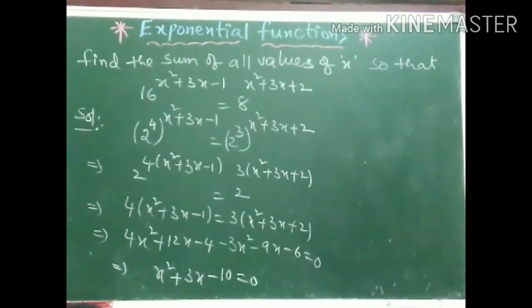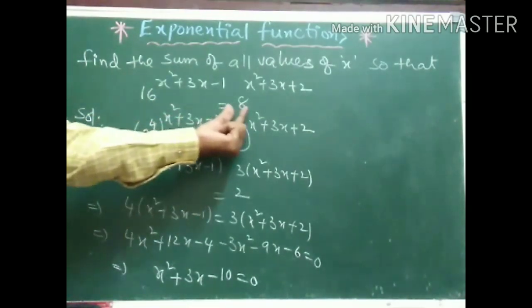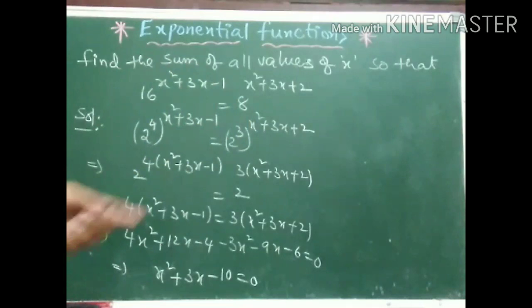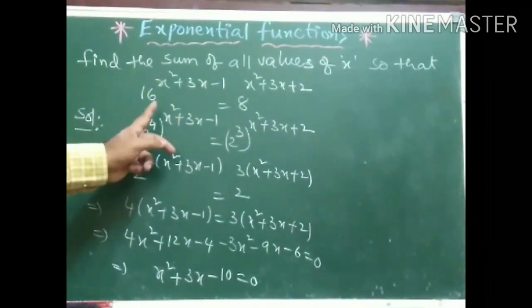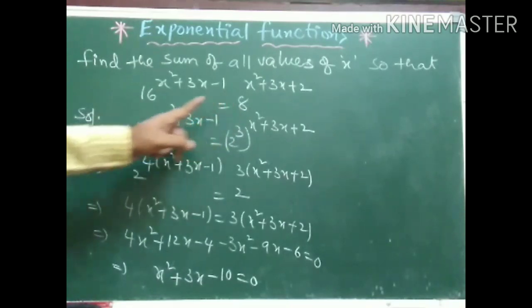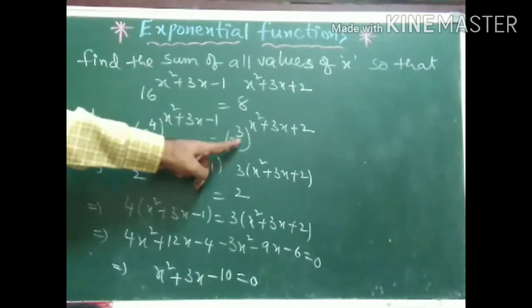So especially here my intention, look at the bases. Here the base is 16, whereas here the base is 8. So I can equate their powers if the bases are the same. But right now one base is 8 and here the base is 16. So I just want to write 16 as 2 to the power of 4 and 8 as 2 to the power of 3.